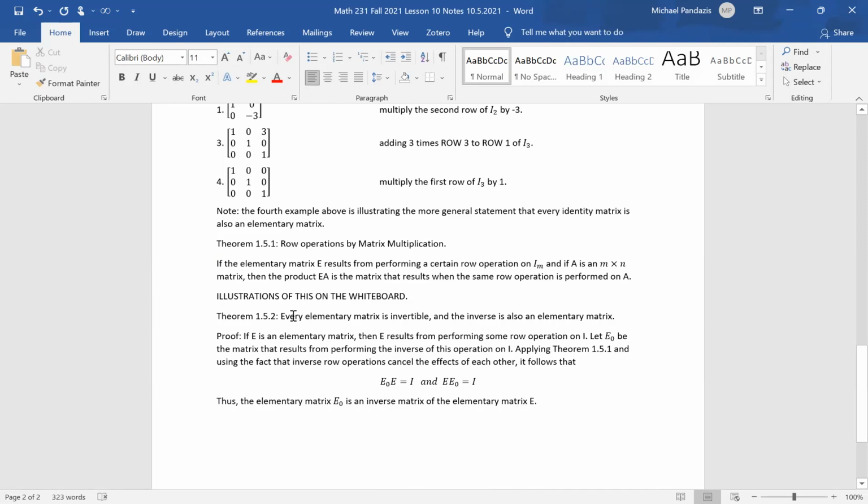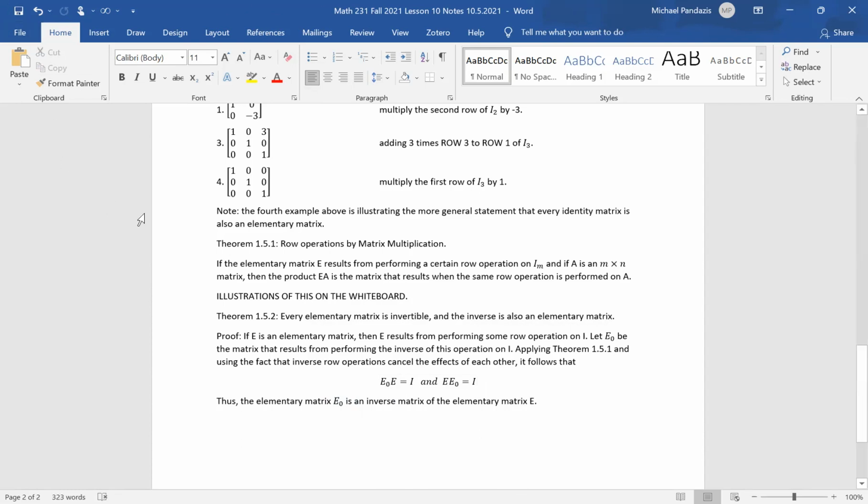So every elementary matrix is invertible. It has an inverse, and the inverse is also an elementary matrix, E naught. And every elementary matrix is invertible because we found a matrix E naught such that both equations are true. Okay, so that proves that theorem.